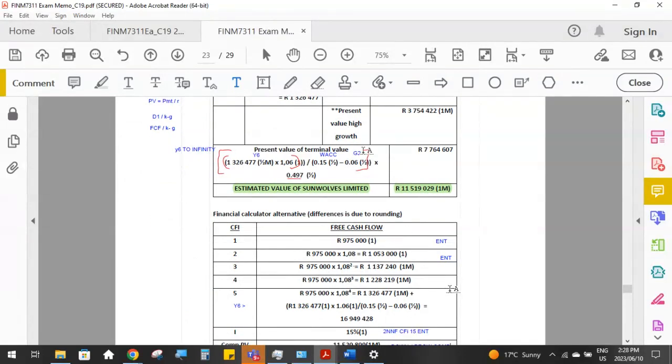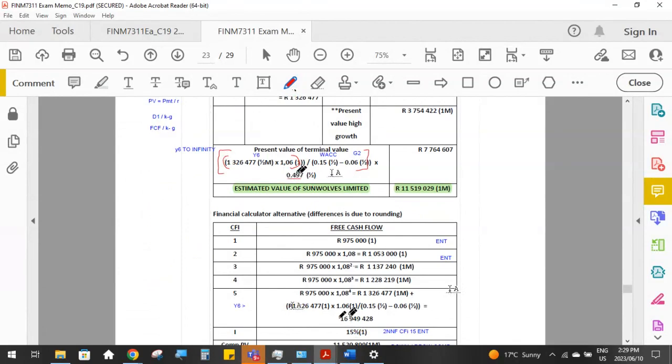So in this second bit over here, this part in the red square brackets is how we calculate the 16,949. In other words, we calculated this value and we did not present value it.